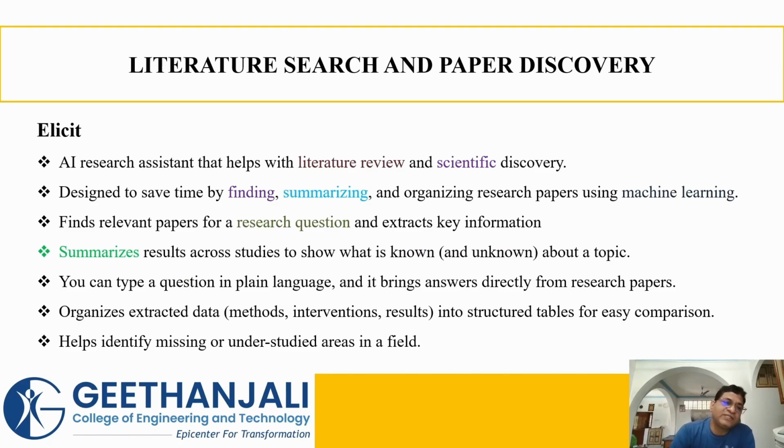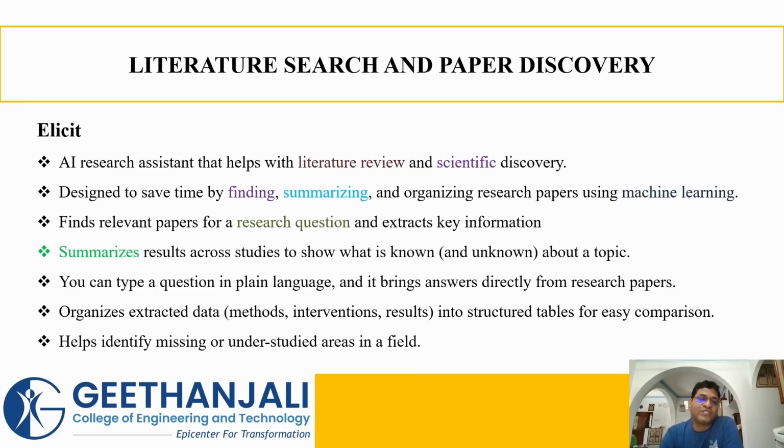Elicit is another tool, a research assistant that helps with literature review and scientific discovery, designed to save time by finding, summarizing, and organizing research papers using machine learning algorithms. It finds the relevant papers for a research question and extracts the key information.